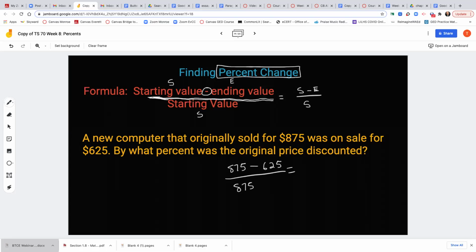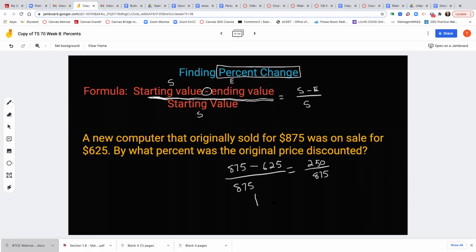So if I do my math, 875 minus 625, that equals 250. Does that seem right? Yeah, that seems right. Now take that answer and divide it by 875, which is my start value.